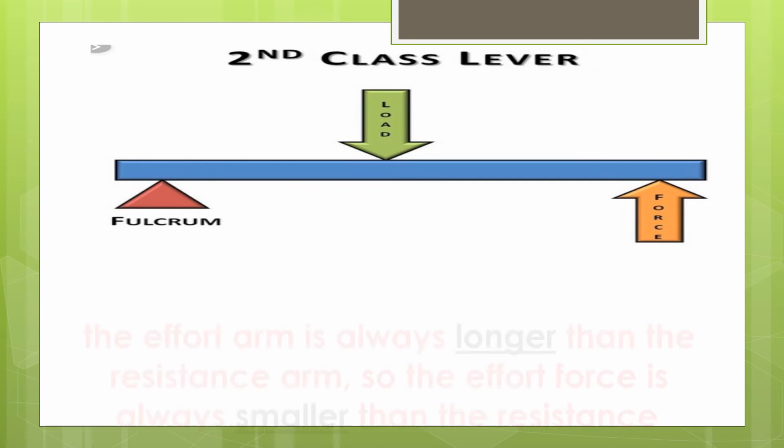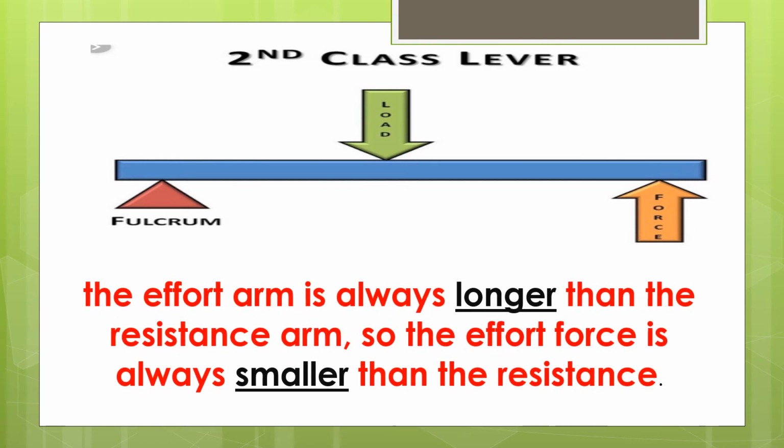Okay, so here in second-class lever, the effort force arm is always longer than the resistance force arm. So the effort force for sure is always smaller than the resistance force. We can conclude from that, if your body makes a small force, which is the effort force is smaller, so you are conserving effort or saving effort.